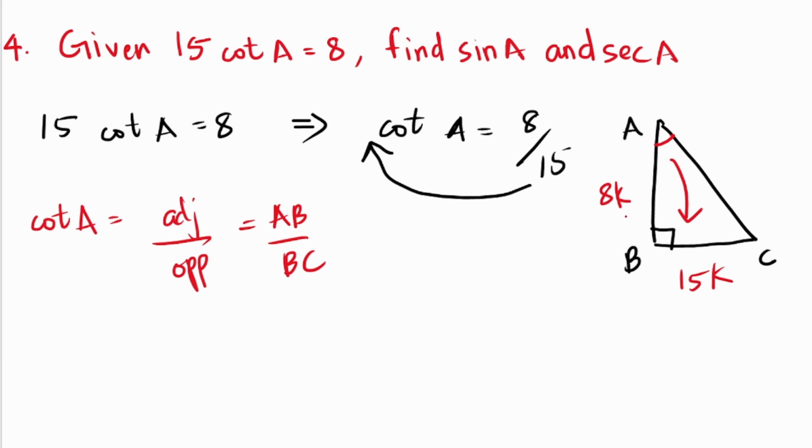Then only you can find sin A and sec A. So finding AC as a hypotenuse, right? Hypotenuse square is nothing but adjacent square plus opposite side square.